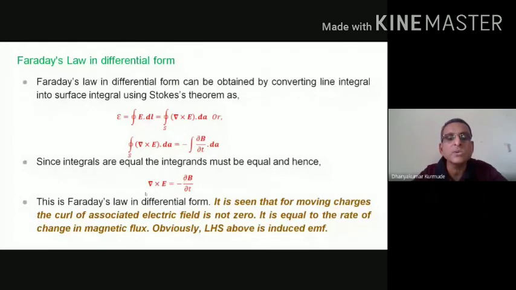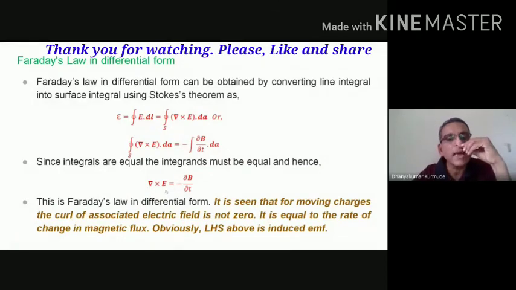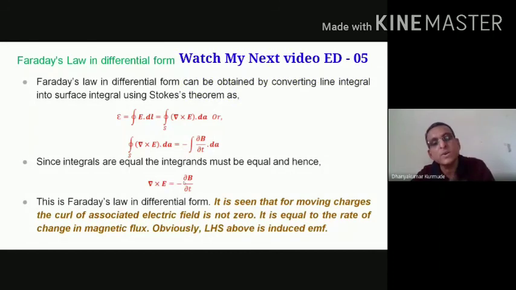You may remember that a few slides ago we saw that the curl of the electric field due to static charge is zero. But here, when the charges are in motion, the curl of the associated electric field is not zero, and that is equal to the induced EMF, minus dou B by dou t.